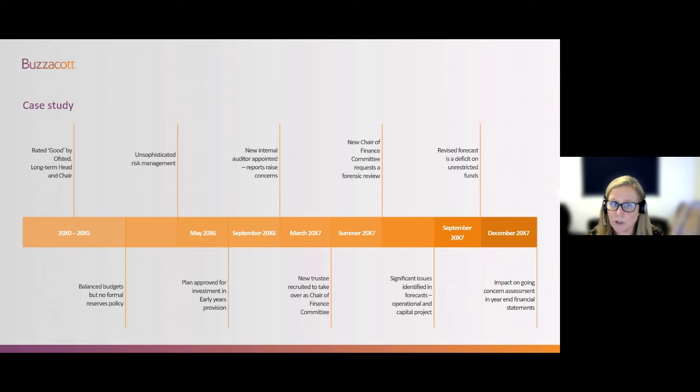So a new internal audit firm came on board, and as part of their first cycle of reviews, a couple of the reports that were produced were one on procurement processes and then another one on budgeting and financial reporting. And actually both of these raised some significant concerns, things that hadn't been raised previously with the previous internal scrutiny arrangements that were in place. These were duly considered by the audit committee at the time, and they were added to an outstanding audit actions log, as it were.